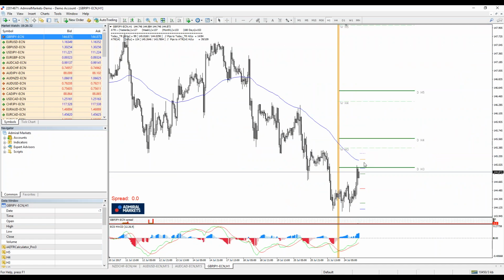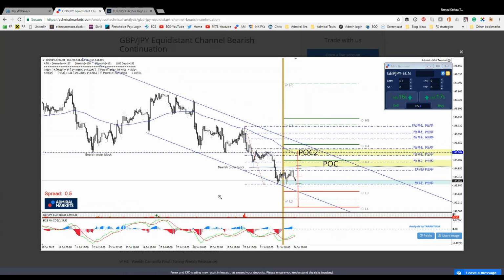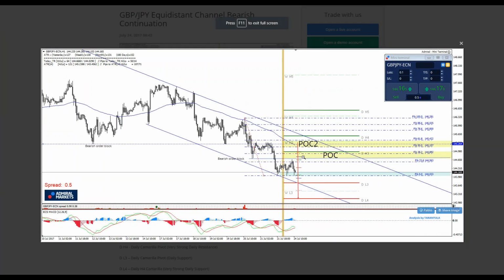Pound yen, you see, already rejected after I published the analysis. This is the rejection candle from 144.98 to 60, a 40 pip rejection. So if you went as my original suggestion, then you could have made 20, 30, or maybe 40 pips on this POC rejection.